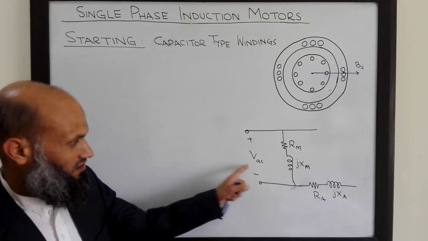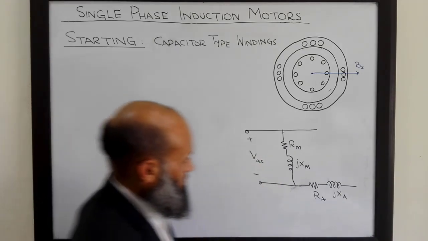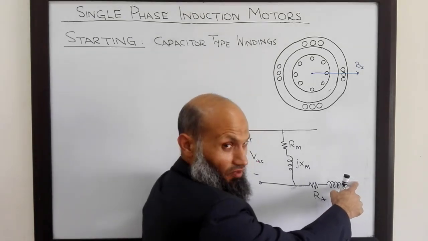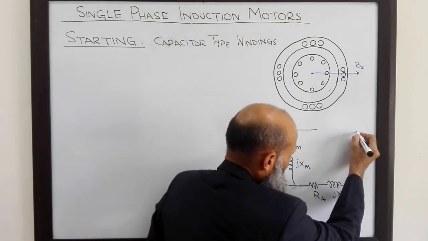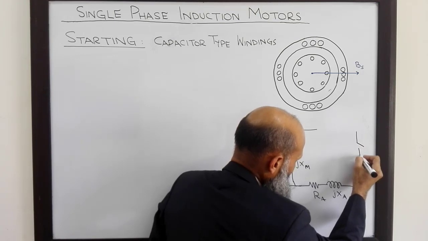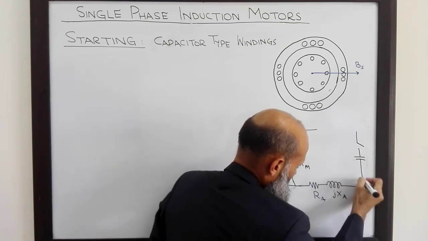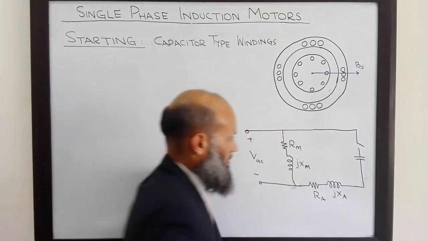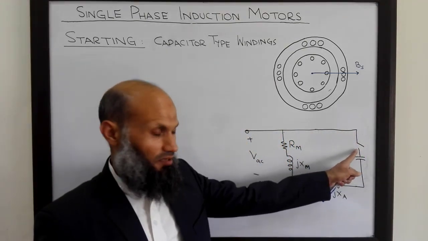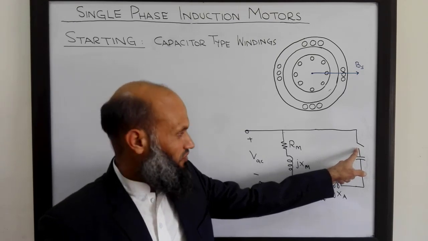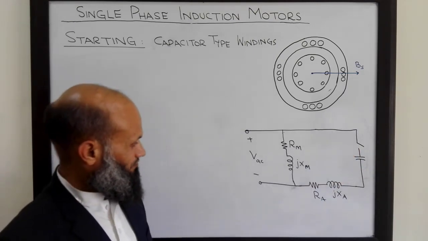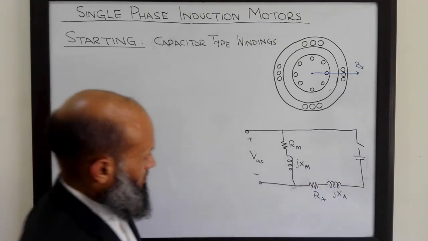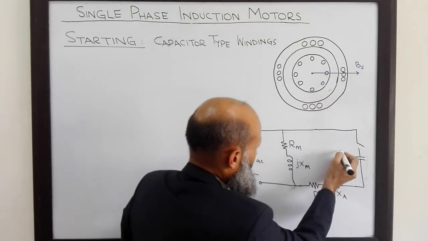We apply AC voltage, and in series with this winding we append a capacitor. And here is a capacitor. Here is a switch which can be opened or closed. So there is a rotor as well.